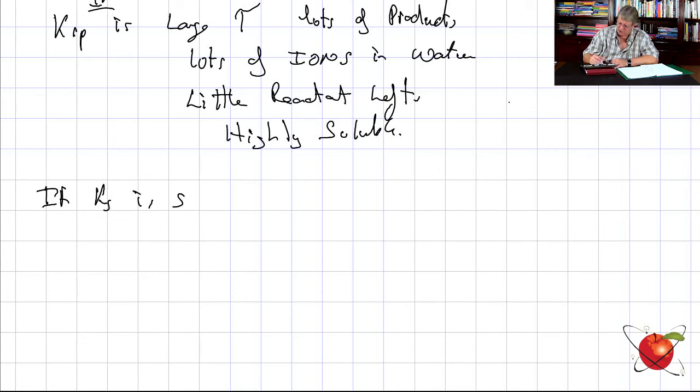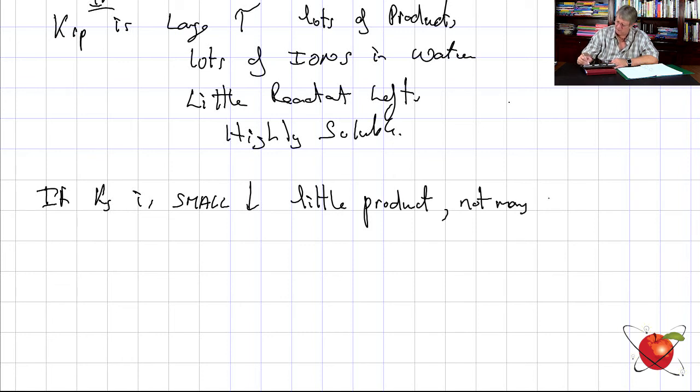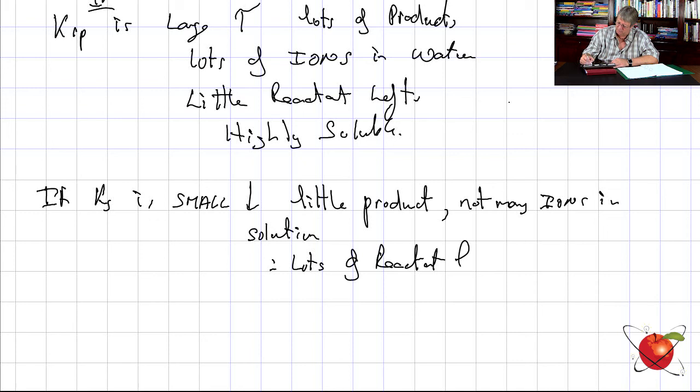Well, obviously, the concomitant one to that is, if Ksp is a small number, it means little product. It means not many ions in solution. It means, therefore, lots of reactant left, which means it's relatively, and we call it, insoluble.